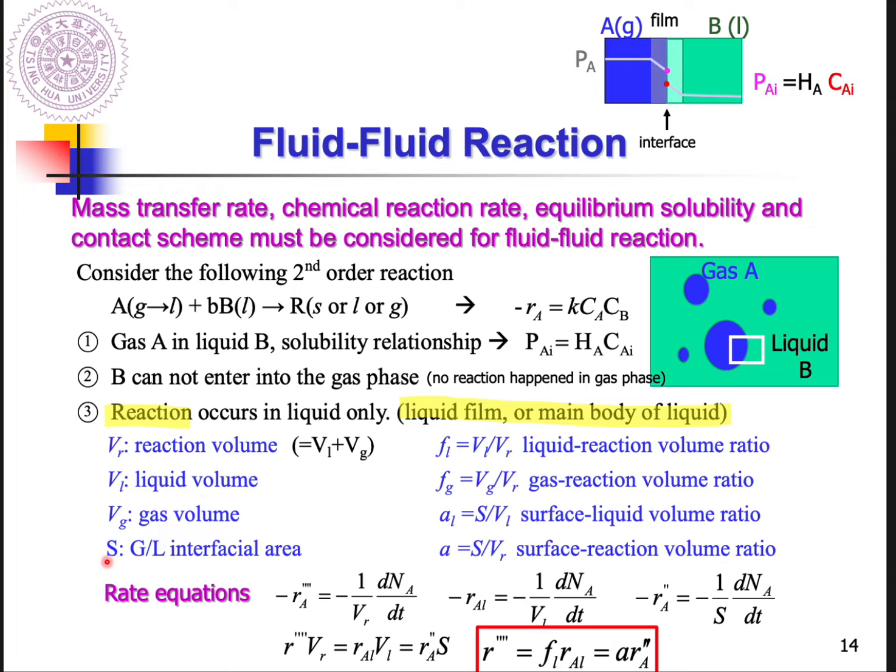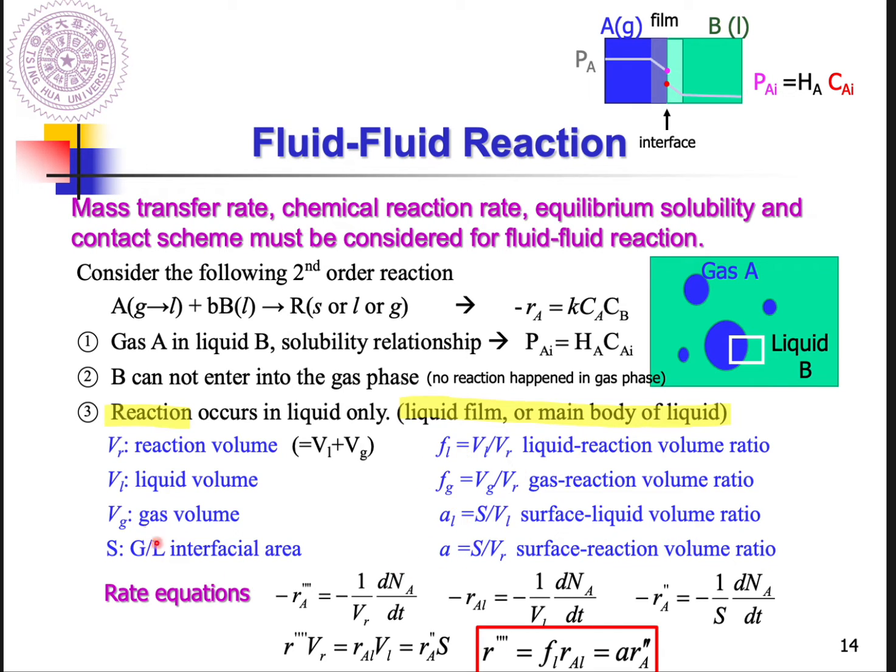S is the gas-liquid interfacial area. f_L is V_L over V_R, the liquid to reaction volume ratio. f_G is V_G over V_R, the gas to reaction volume ratio. a_L is S over V_L, the interfacial surface to liquid volume ratio. a is the surface to reaction volume ratio.